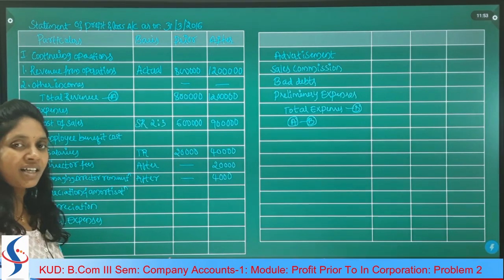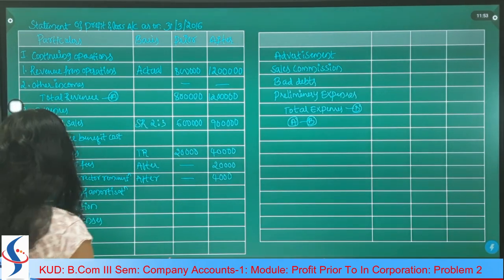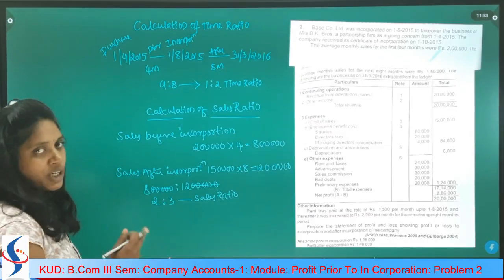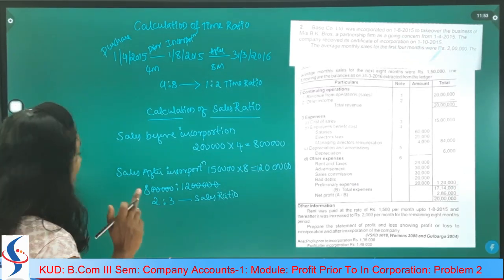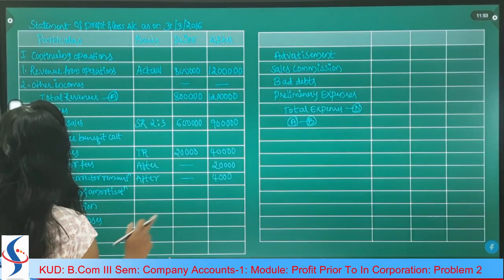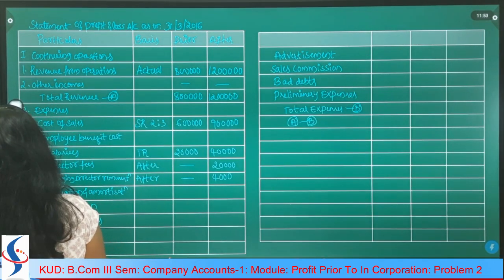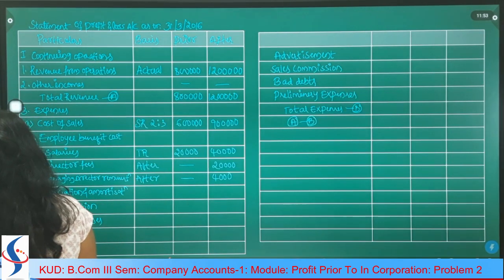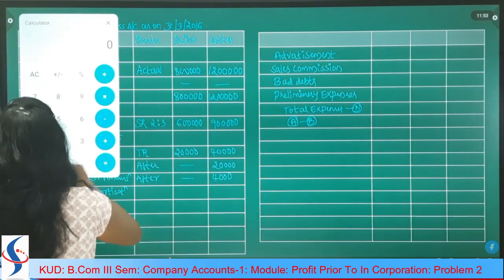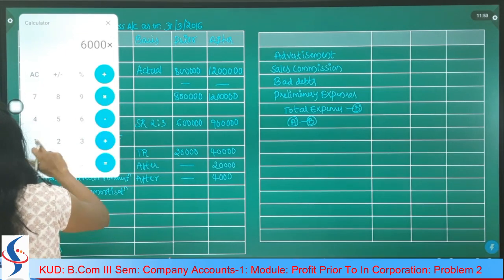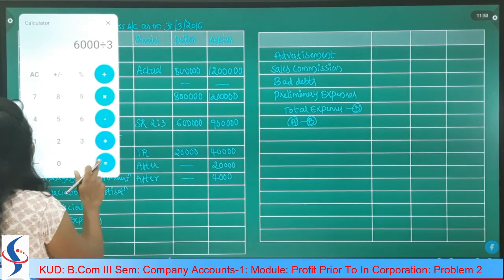Depreciation. Depreciation is again a fixed expense. Fixed expense means which ratio should come to your mind? Time ratio. What is the amount of depreciation? It is 6,000. We'll divide 6,000 using 1:2. Your time ratio is how much? 1:2. 6,000 into 1 divided by 3.